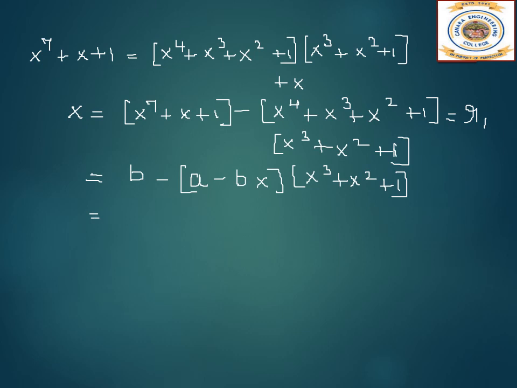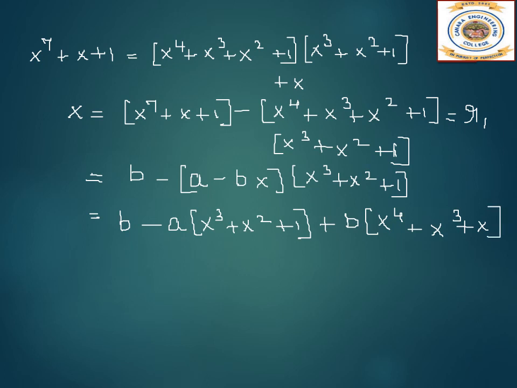So here I can write it as b minus a into x cube plus x square plus 1 plus b into x to the power 4 plus x cube plus x.